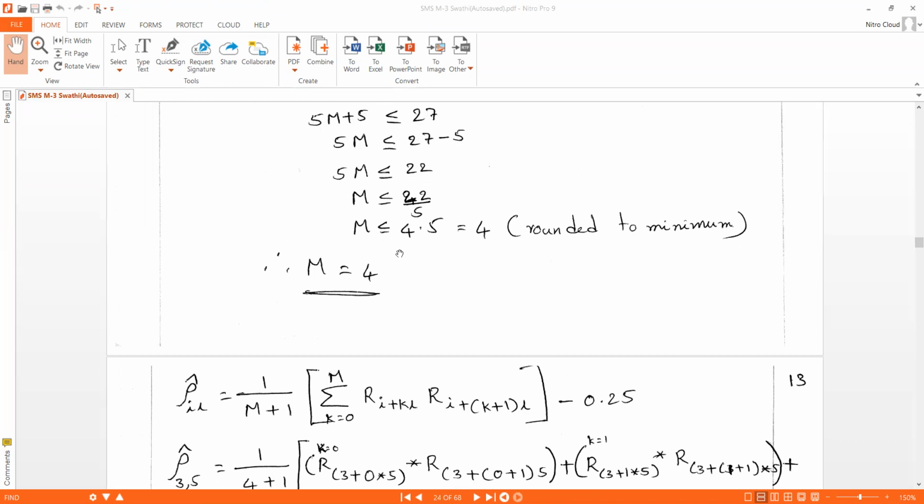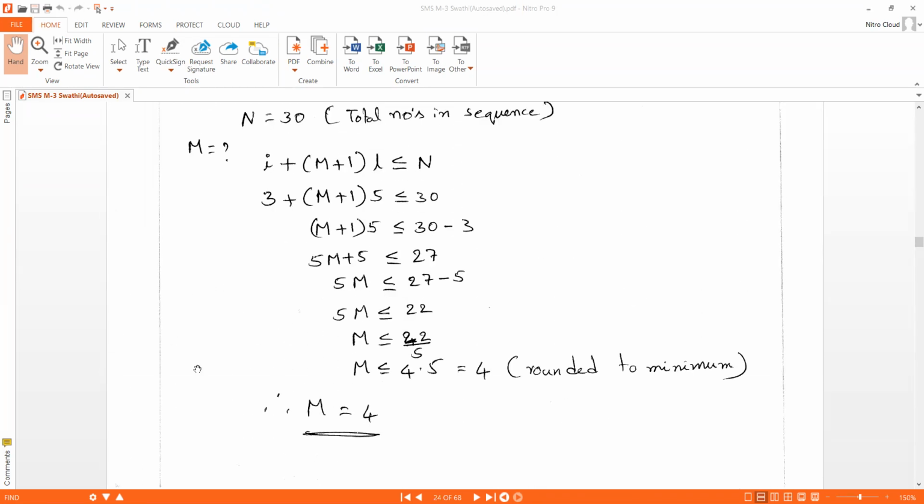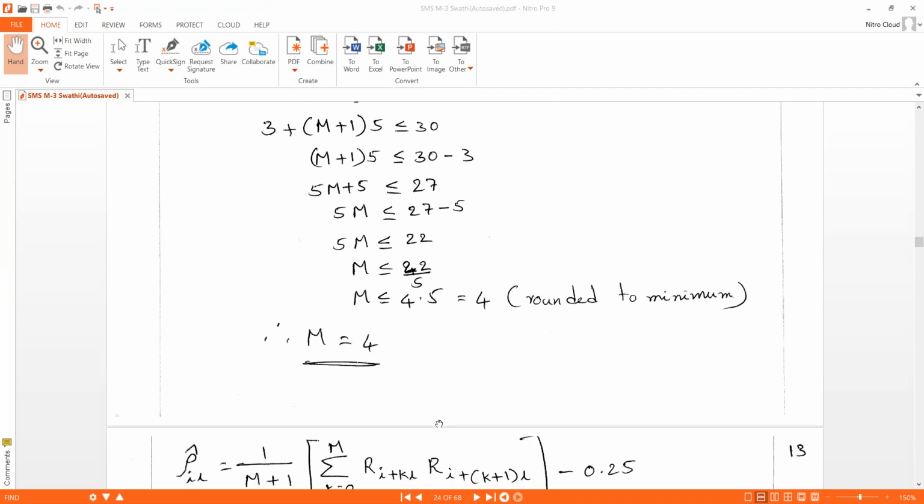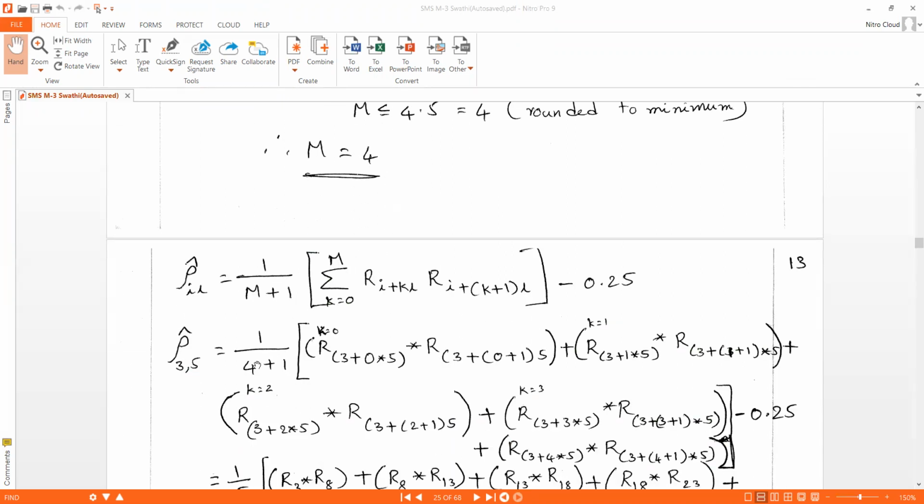what is the M value we got? Here M value we have computed, M value we got as 4. So we will substitute M value as 4 here, plus 1 into the sigma k equal to 0 to m of r I plus kl into r I plus k plus 1 into L. This term we need to expand.